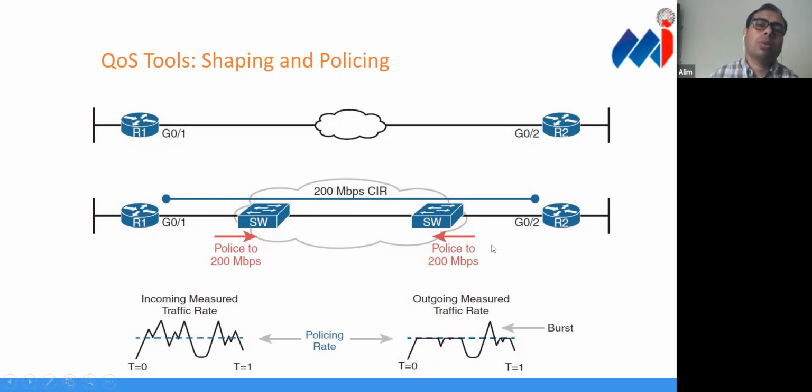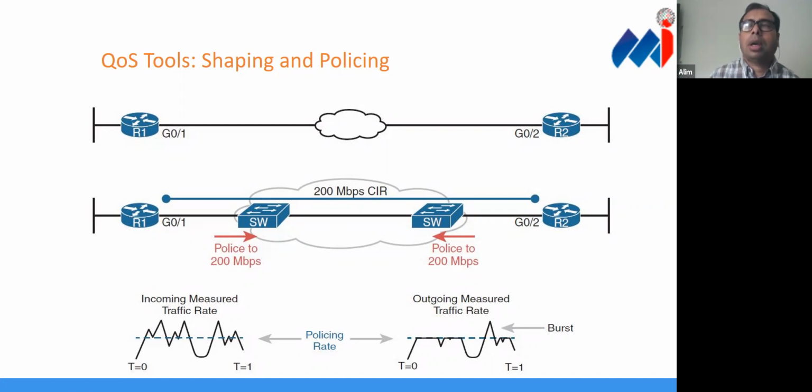Say your router to their router or switch, the link is 1 Gbps, that means around 1000 Mbps. So what if you were sending 1000 Mbps of data to the service provider, but the service provider told you that you have to pay for 200 Mbps. So what they will do is some policing.